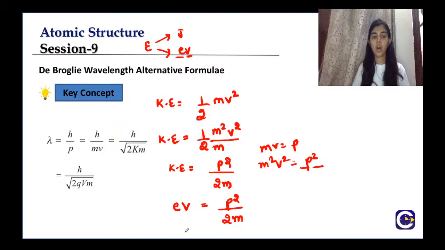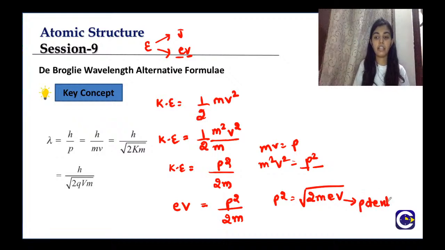Or you can also write it as p square equals 2m eV or 2m qV, where e represents the charge, m represents the mass, and V is not the velocity, it is the potential. It is not the velocity, this is the potential.